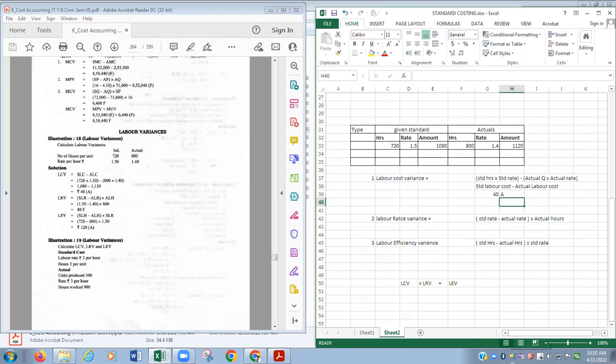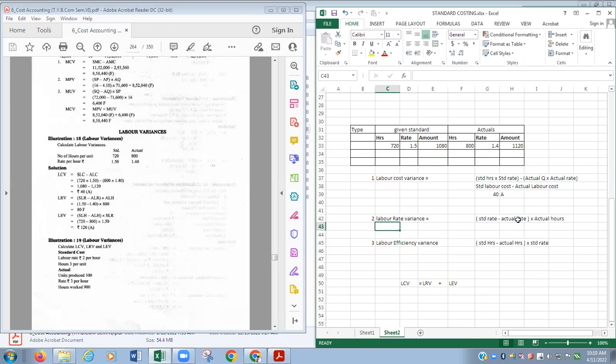Next is labor rate variance. In labor rate variance, we will compare standard rate with actual rate and multiply it with actual hours.